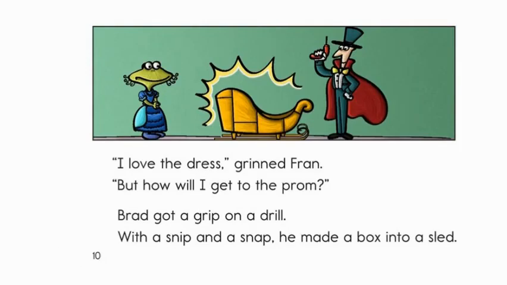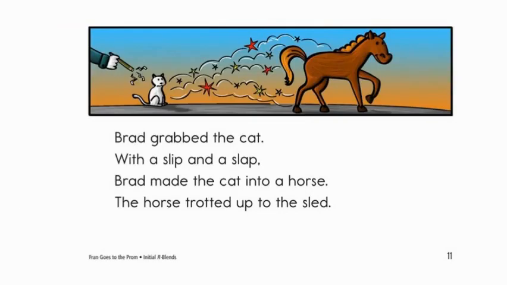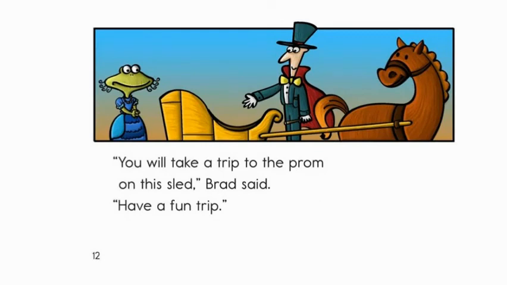"I love the dress," grinned Fran. "But how will I get to the prom?" Brad got a grip on a drill. With a snip and a snap, he made a box into a sled. Brad grabbed the cat. With a slip and a slap, Brad made the cat into a horse. The horse trotted up to the sled. "You will take a trip to the prom on this sled," Brad said.